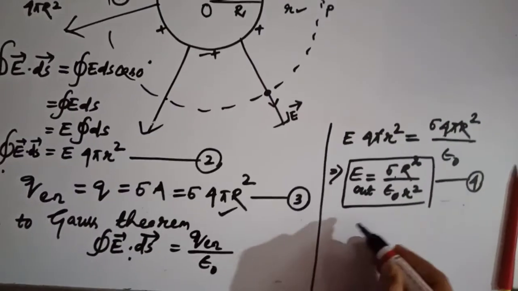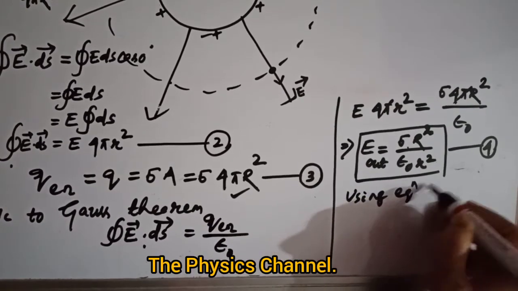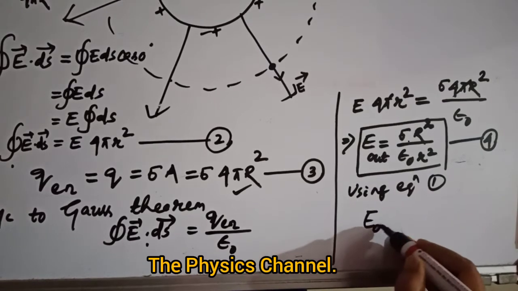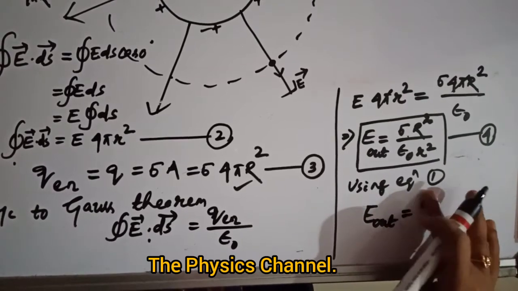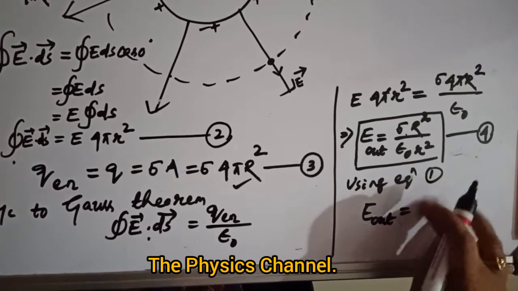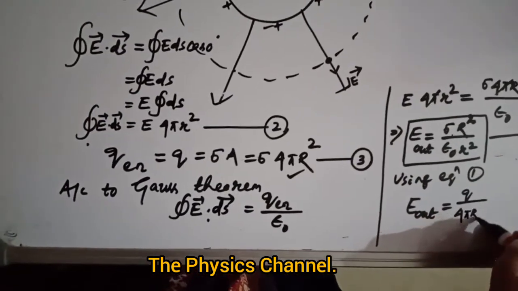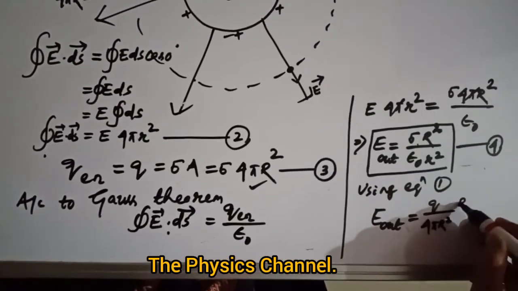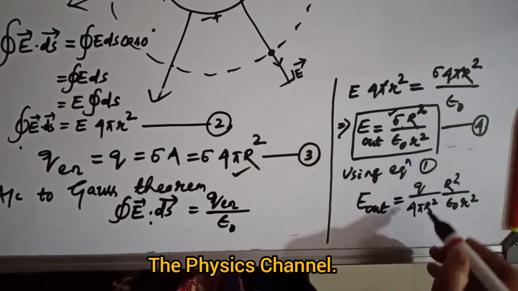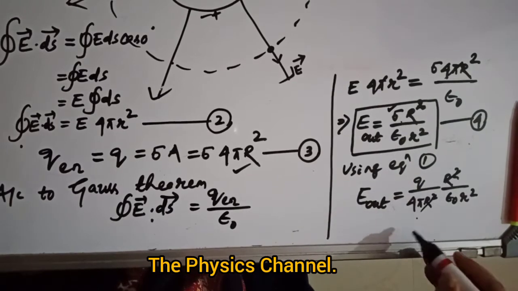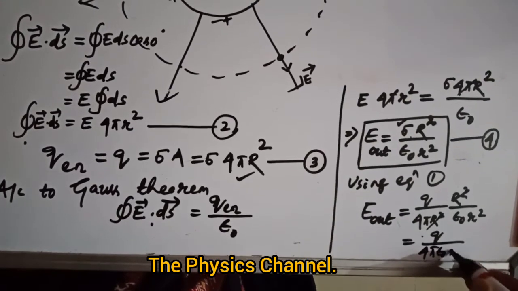Using equation 1, E outside is equal to sigma, and the value of sigma is Q by 4 pi R square, into capital R square divided by epsilon naught into small r square. The value of sigma is put here. This cancelled. It is Q by 4 pi epsilon naught r square.